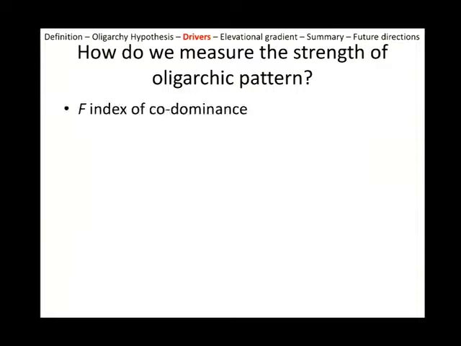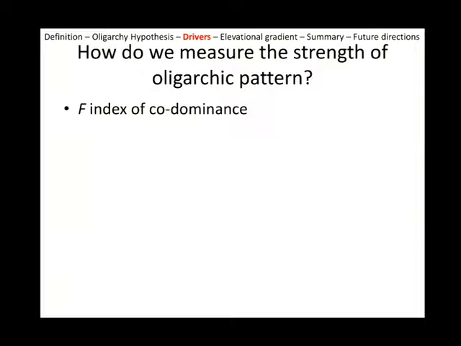The first was the F-index of codominance. This index is the probability of taking two plots at random from the pool of plots from your study area, then taking two individuals at random from these two plots, and the probability of these two individuals being conspecific.